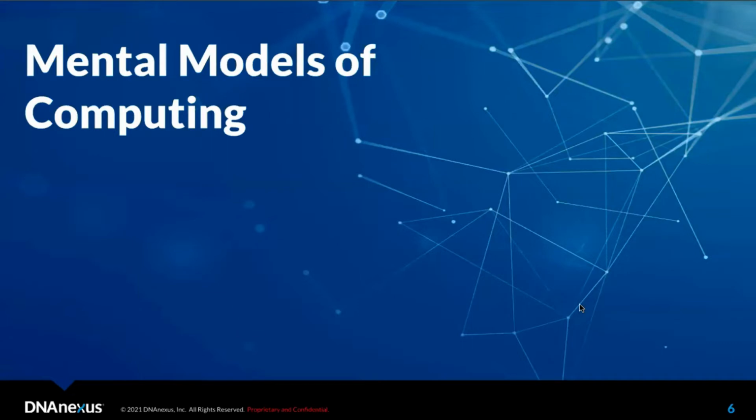One of the things we want to make sure of is that we take your knowledge and map it onto the cloud computing framework. So let's talk about our mental models of computing, especially HPC, and see how it differs from cloud.